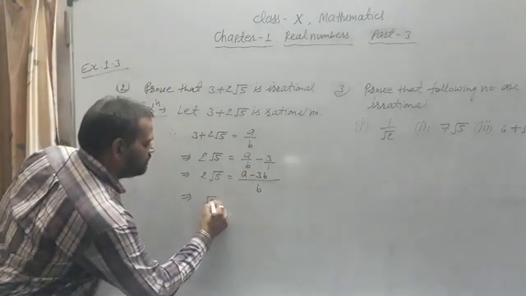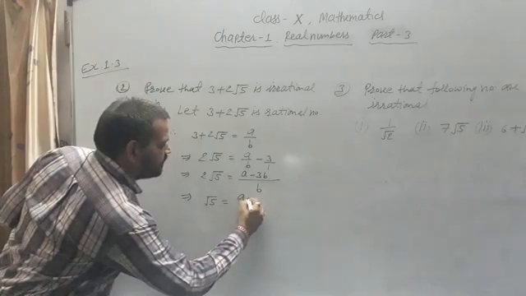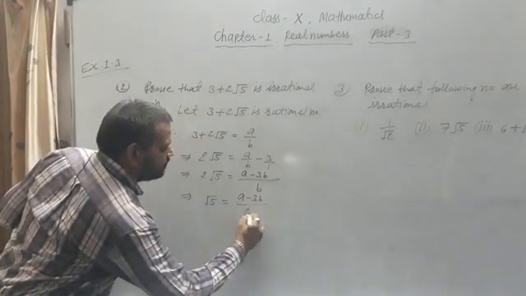Now it can be written as root 5 equals a minus 3b upon 2b.